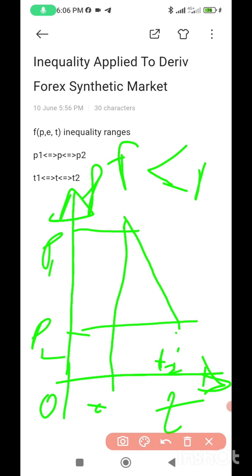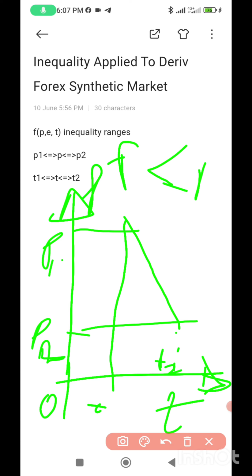So for any price between p1 and p2, we are going to take SL. But once the market leaves p1 and p2, we are not going to take SL based on what inequality is trying to tell you. That's what inequality is trying to teach here.